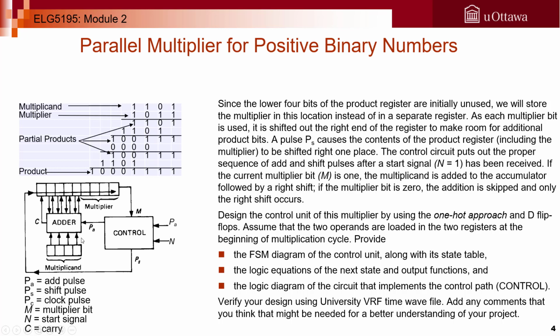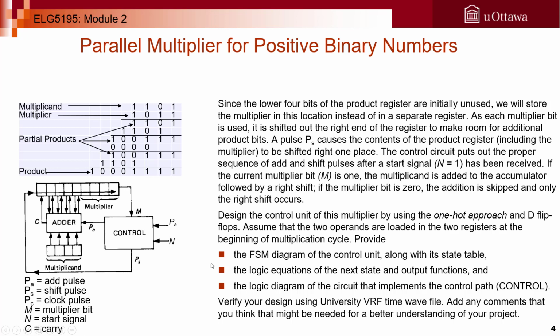The 4 sum bits and the carry output from the adder are connected back to the accumulator. As I mentioned, instead of shifting the multiplicand left each time before adding it, I'm shifting the product register to the right each time.